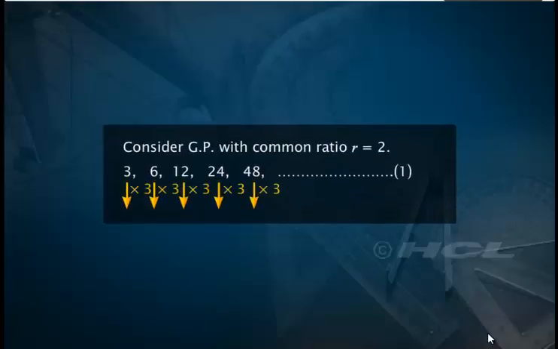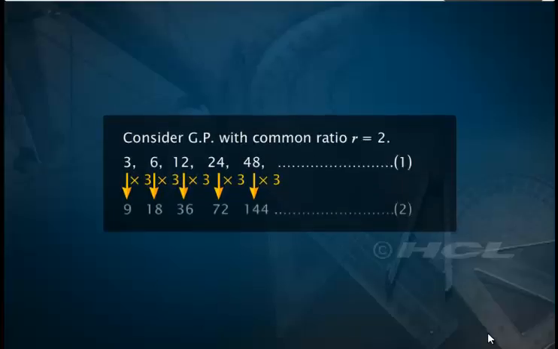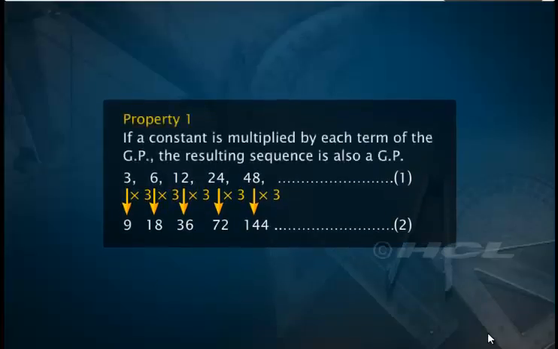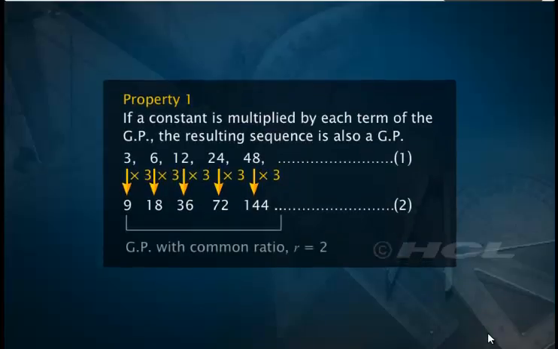Now, multiply 3 to each term of the GP denoted as 1. We get a sequence labeled as 2 as shown. Note that the resulting sequence 2 is a GP with the common ratio 2. Hence, if a constant is multiplied to each term of a GP, the resulting sequence is also a GP.